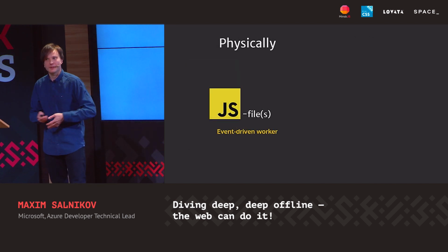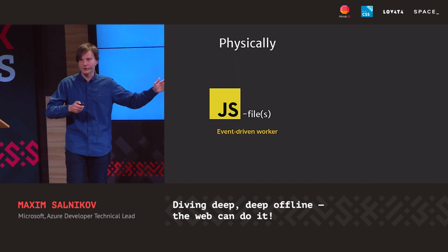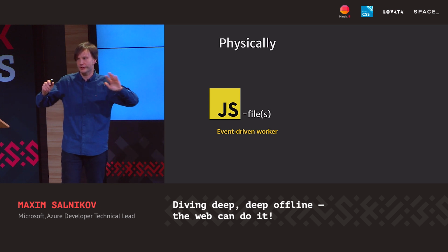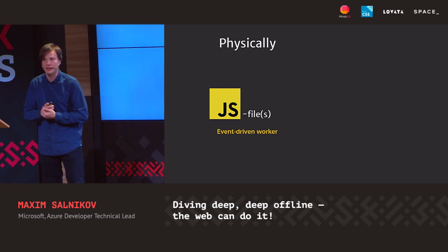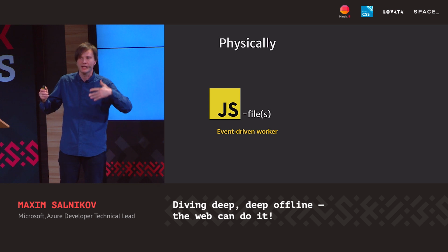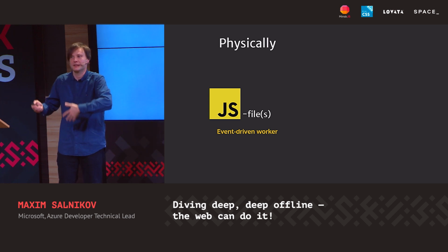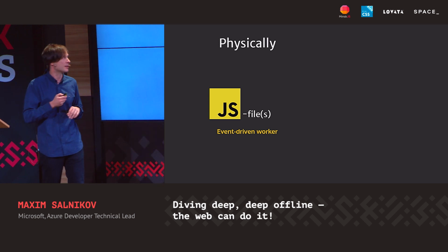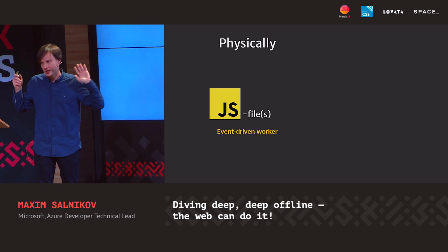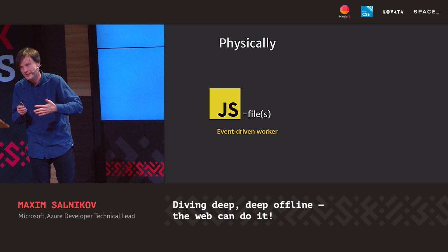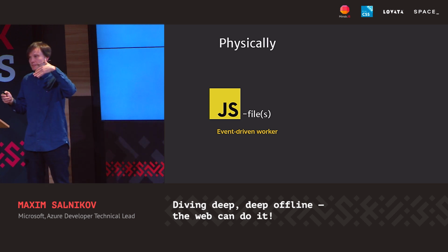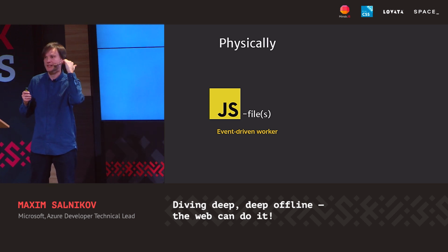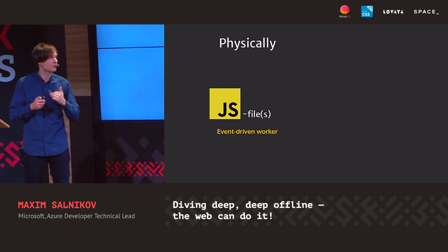And now the fastest ever introduction to service workers, just a refresher. I bet you folks have heard about this at many sessions, because service workers are an even older concept and API than the PWA term. So they've been with us in browsers in production for many years. First, this is a JavaScript file, or files. It's a set of events and our code inside these events.